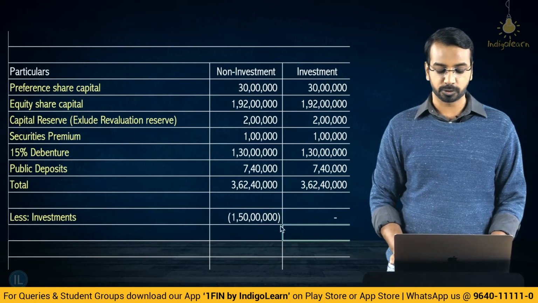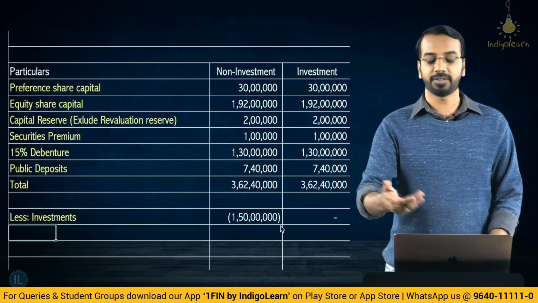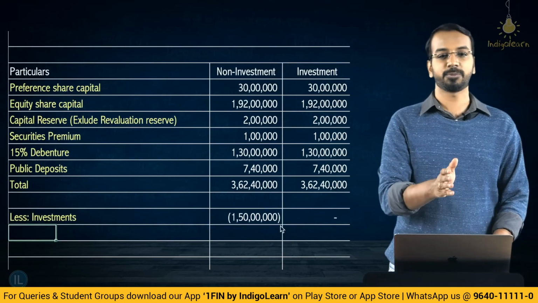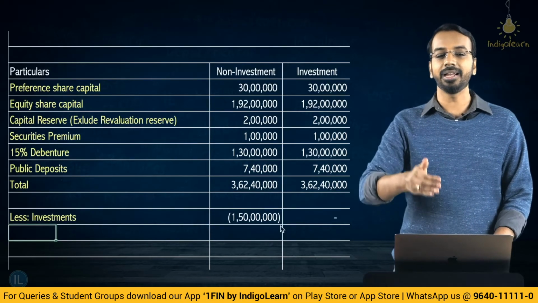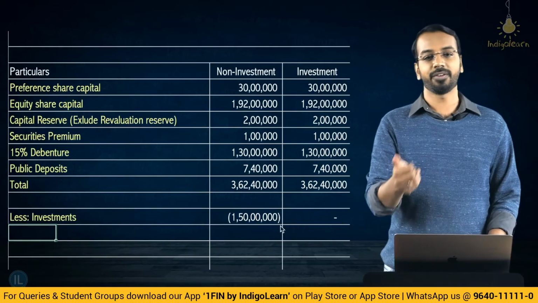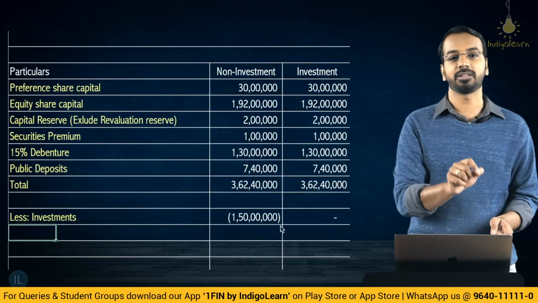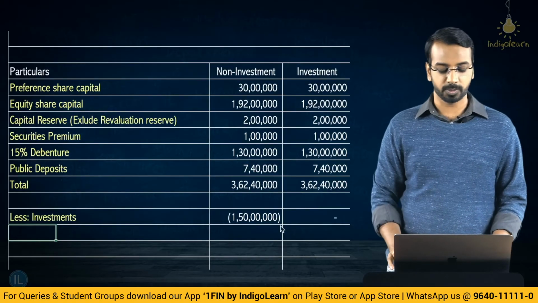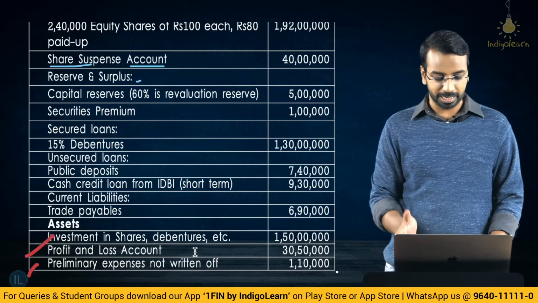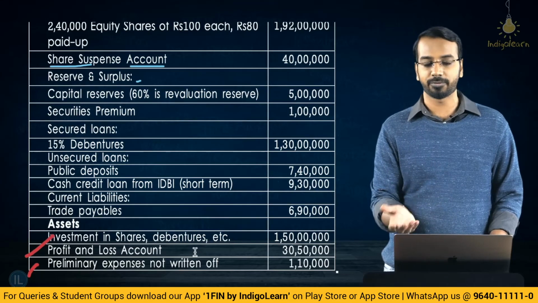Here you will not reduce. Okay. And as I told you, if you want to save time in the examination, first calculate for non-investment company and at the end add investments to arrive at the effective capital, or calculate for investment company and reduce the investments to arrive at the effective working capital for a non-investment company. Less investments, P&L debit balance and preliminary expenses, both of them have to be deducted.